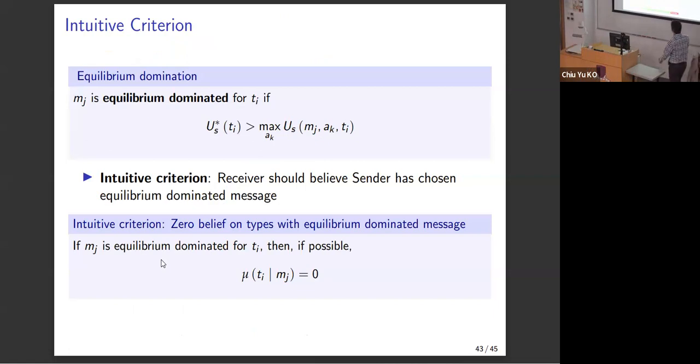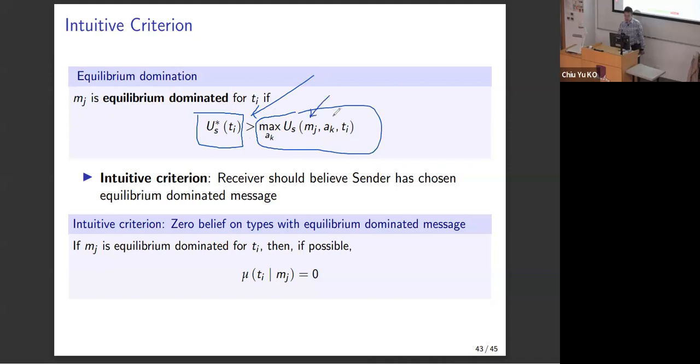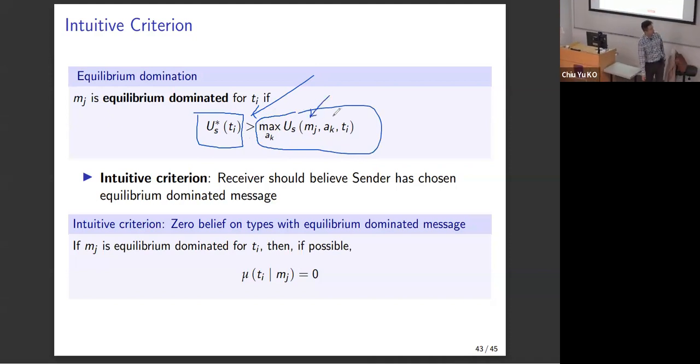It's weaker. It requires that the equilibrium payoff is better than the best case scenario. You compare to the equilibrium, it's the equilibrium concept.